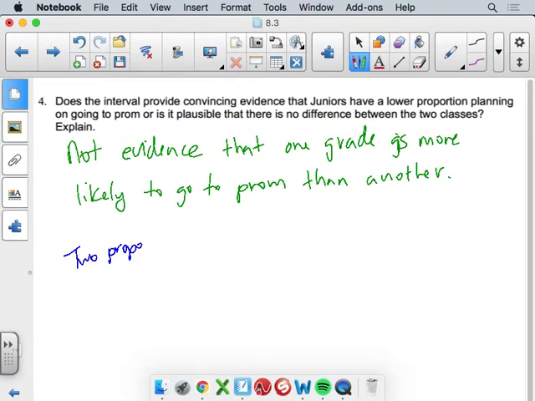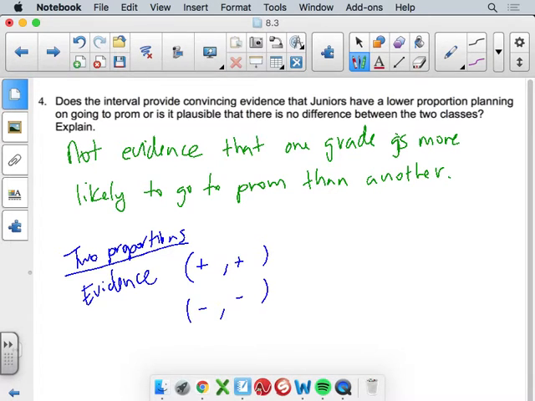So basically, with these two proportions, maybe I'll just make a note here. With two proportions, when do you have evidence? You have evidence when both numbers in your interval are positive or both numbers are negative. Then you have evidence juniors are more likely or seniors are more likely.